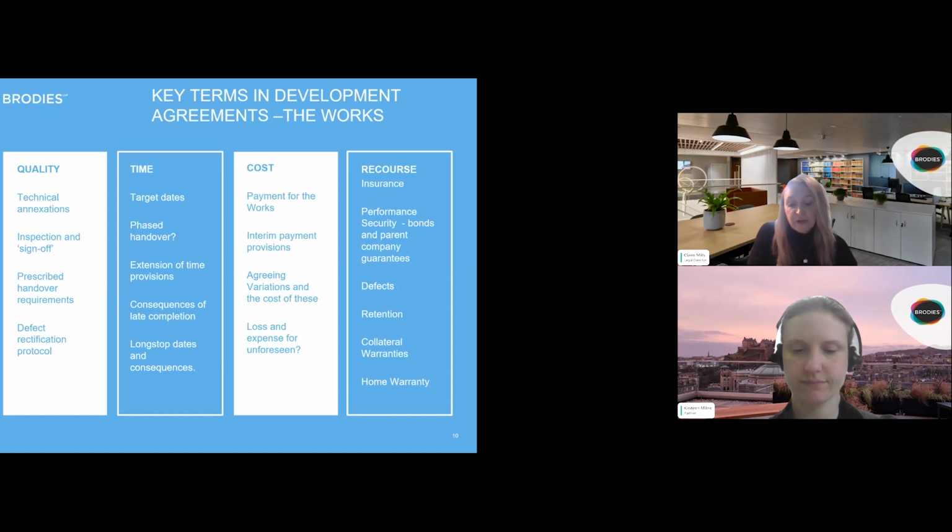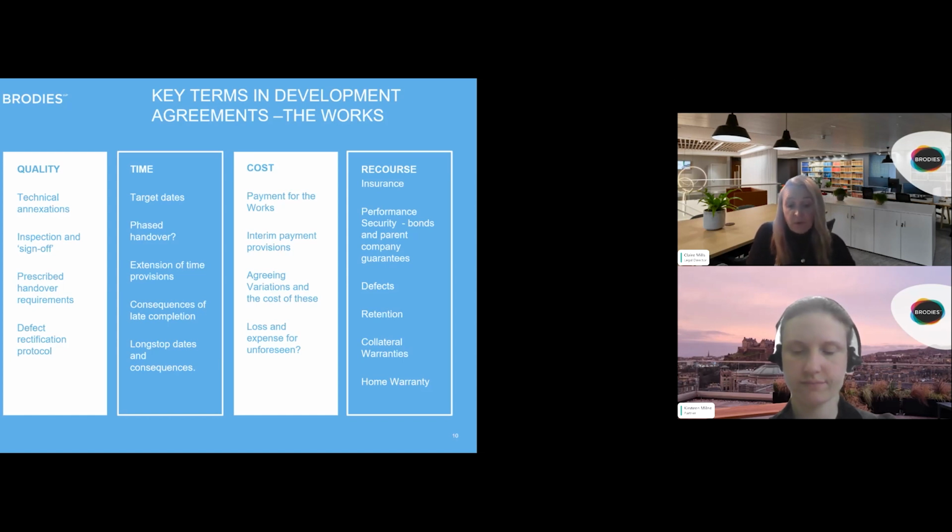And given the housing units built will likely be occupied during the 12 or sometimes 24-month period immediately after handover, a detailed defects rectification protocol should also be included in the development agreement, so both parties are clear on their obligations in terms of response times for rectifying any defects, and also the process for accessing properties which are occupied by residents to fix any snagging or defects.